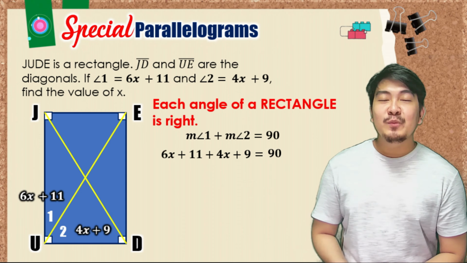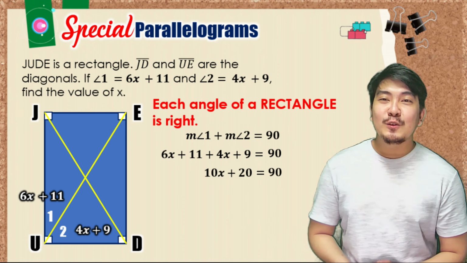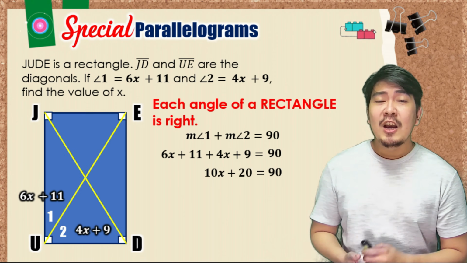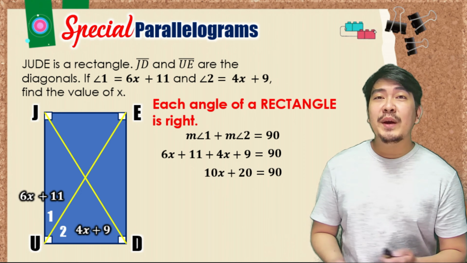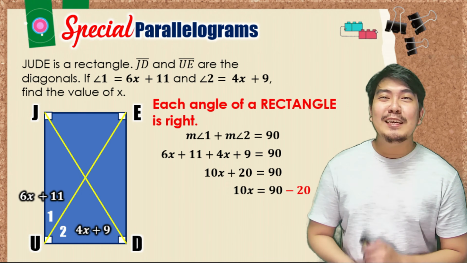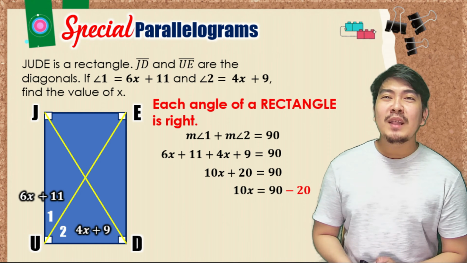Combining similar terms, we will now obtain 10x plus 20 is equal to 90. By applying your addition property of equality or simply by transposing 20 to the other side of the equation, we will now have 10x is equal to 90 minus 20. 90 minus 20 is 70.